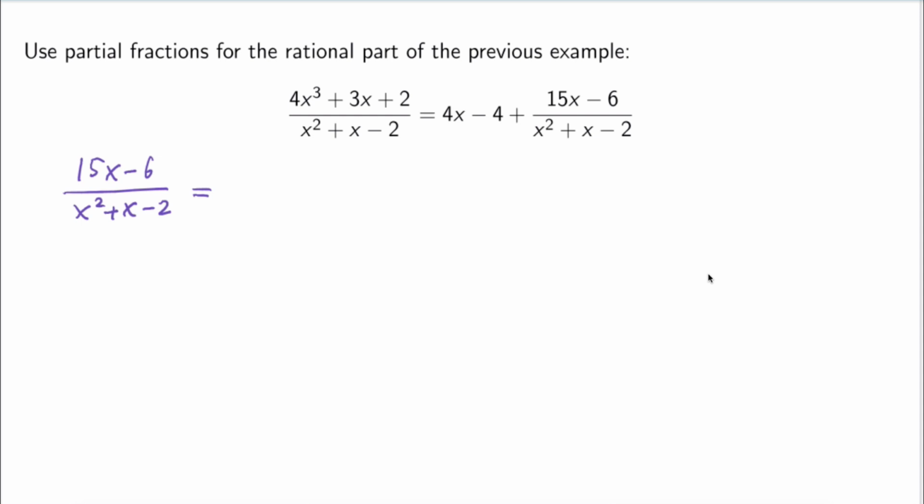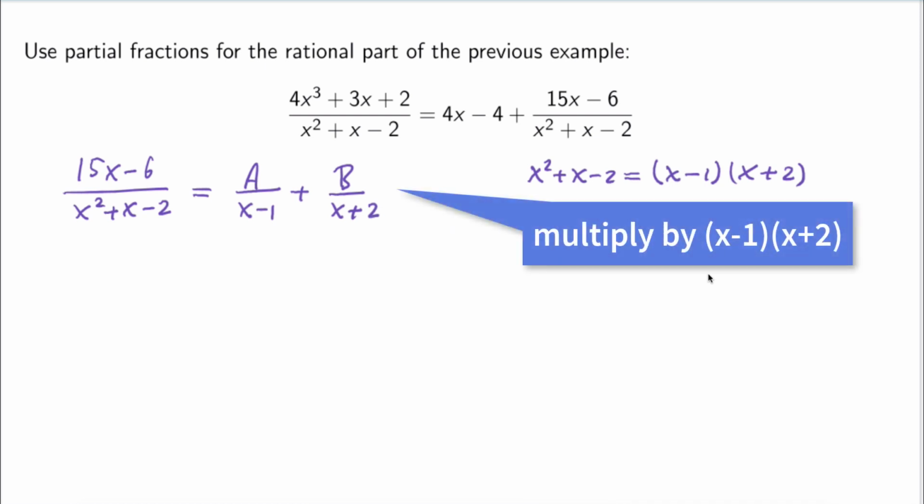So let's do that extra. X squared plus x minus 2. And if you look at it for a while, you notice you can write this as x minus 1 times x plus 2. So meaning this would be then equal to a divided by x minus 1 plus b divided by x plus 2.